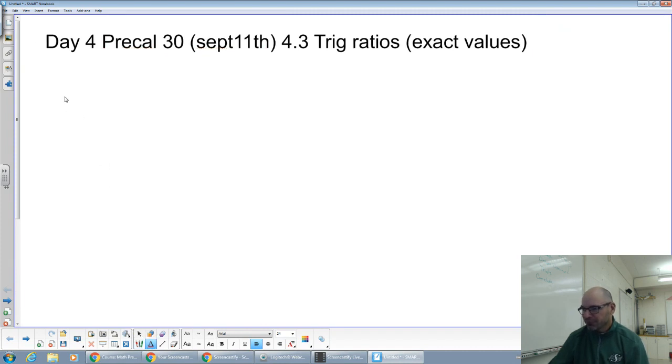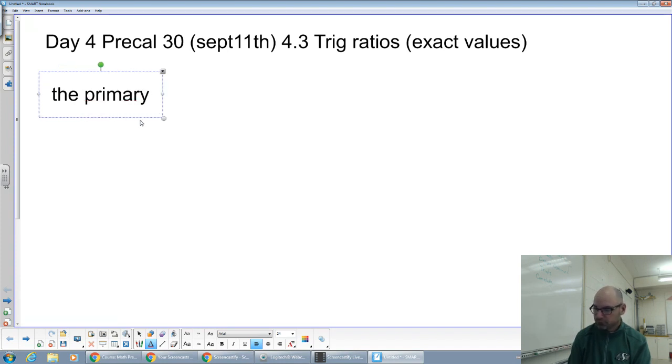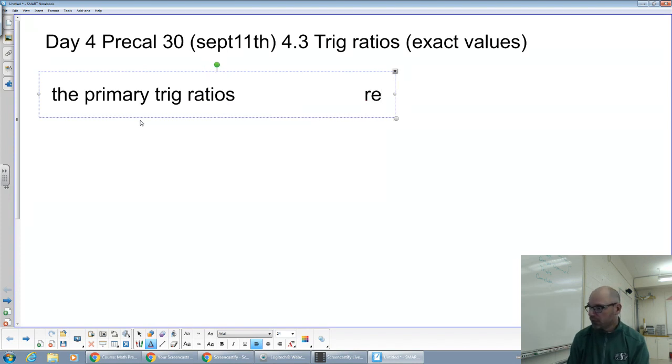Okay, so let's look at the primary ratios. And over here we'll do what they call the reciprocal ratios. We're going to write them in terms of the unit circle.